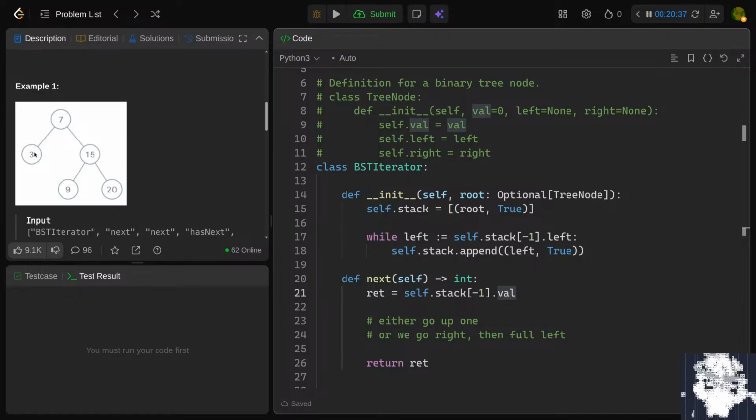Then when you do next, you can't just take the val here, you have to pop this, and you're going to end up with node and then left.